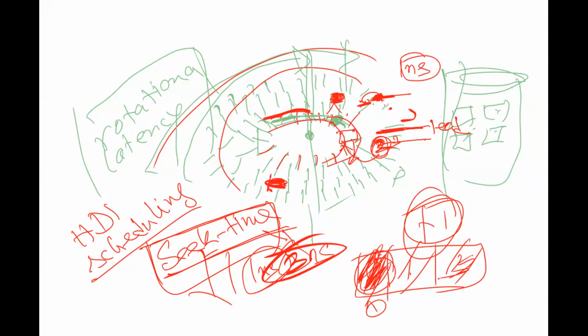Once it is in this position, it will start. If it is rotated this way, this is the starting position. Your head will read from this starting position until there. If it moves this way, it is rotated in this direction, so the data is stored from this side to that side.